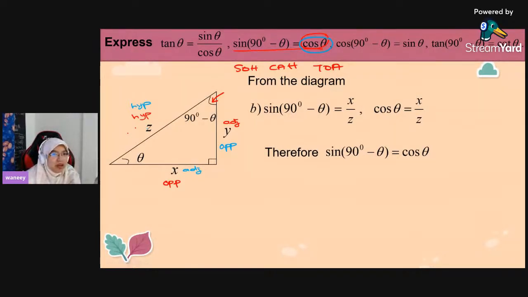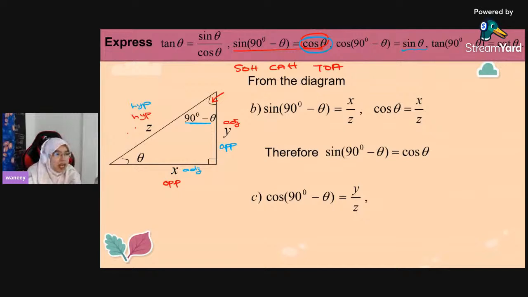Okay, so the next one, cos of 90 degree minus theta. Cos is adjacent over hypotenuse. If you are at 90 degree minus theta, then the adjacent is y and the hypotenuse is z. So cos of 90 degree minus theta is equal to y over z. Then find out what is sine theta.